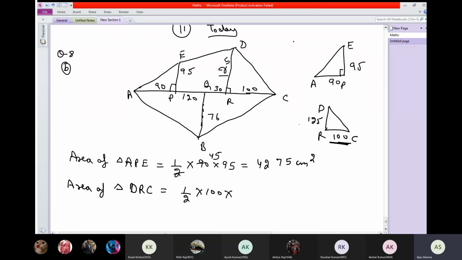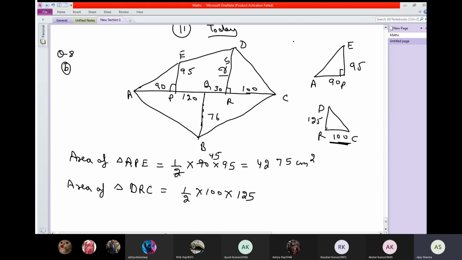See the triangle first. DRC. We are talking about this triangle. DRC is written. Now, it will be 125.